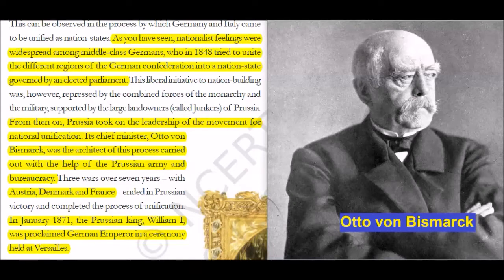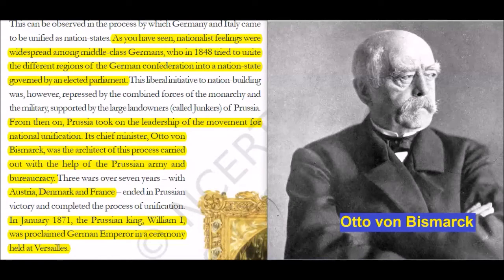This liberal initiative to nation building was, however, repressed by the combined forces of the monarchy and the military, and it was supported by the large landowners called Junkers of Prussia.